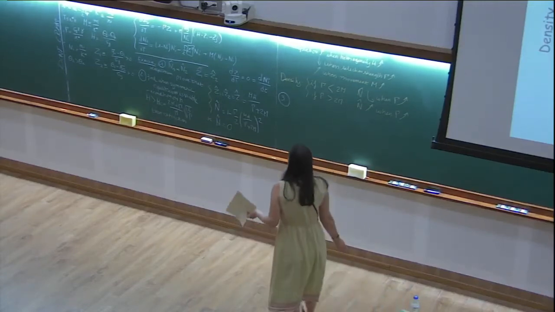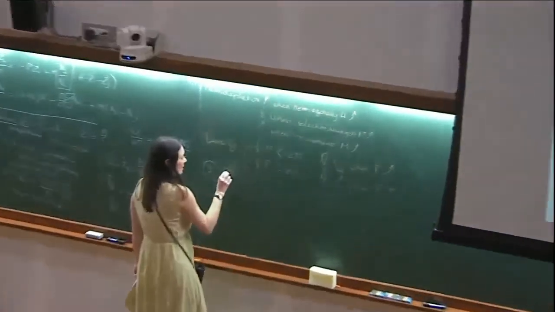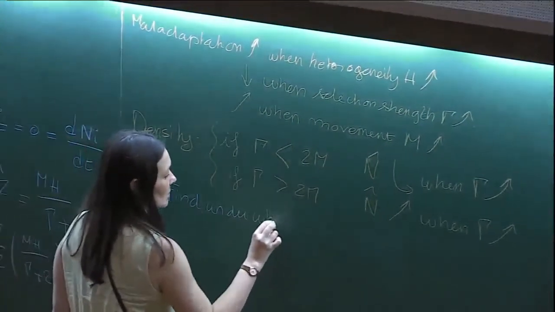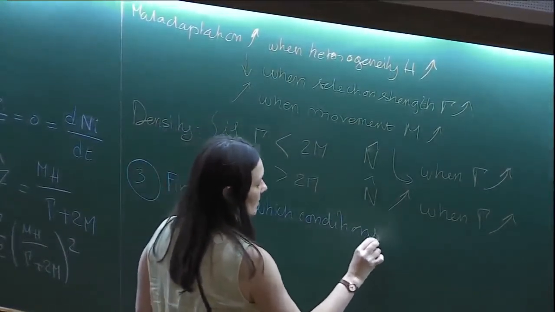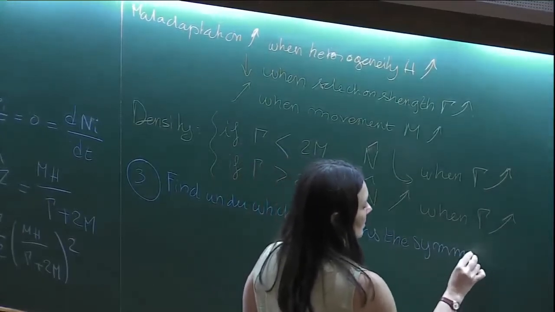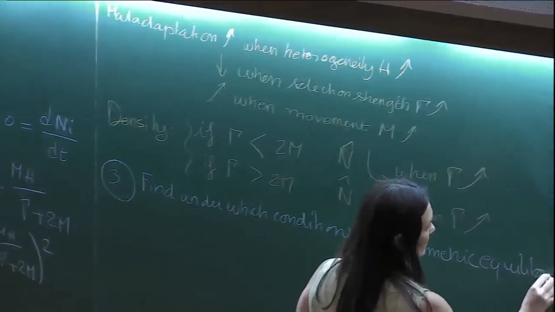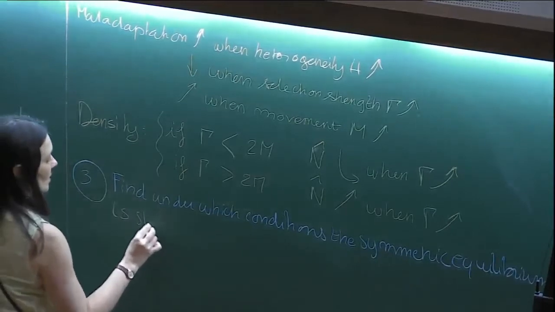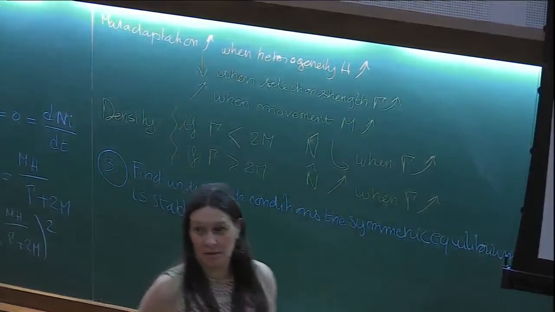So the third exercise is to find under which conditions the symmetric equilibrium is stable. Do you know how to do that?